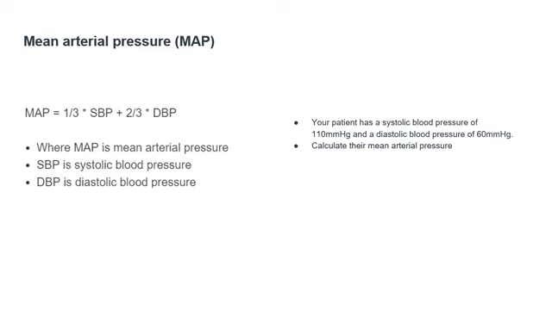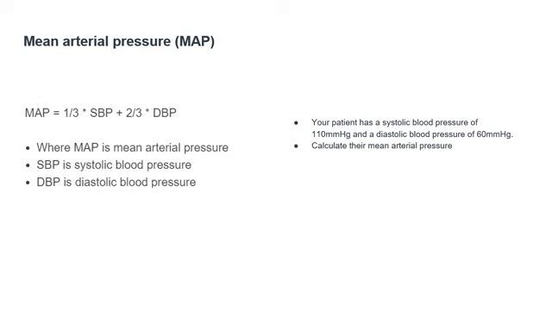Next, you have to know how to calculate the mean arterial pressure. The mean arterial pressure is the average pressure in your arteries during one heartbeat. It's calculated by adding 1/3 of systolic blood pressure and 2/3 of diastolic blood pressure.